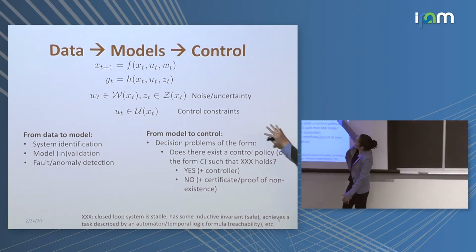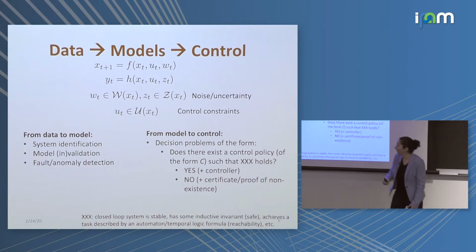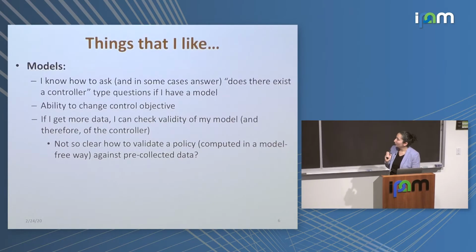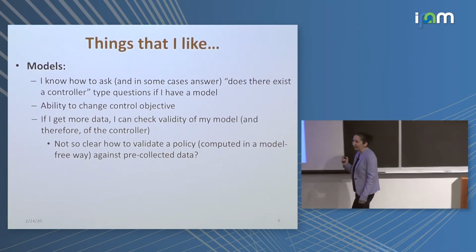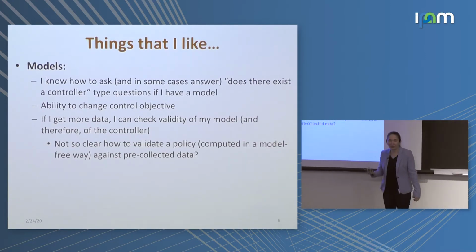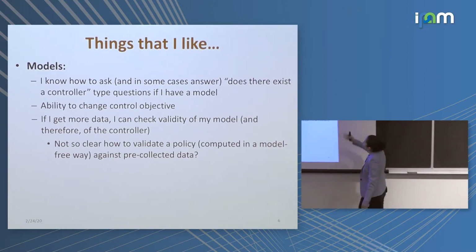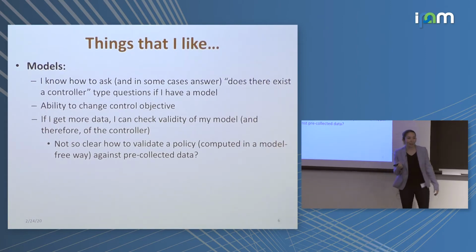So typically, I want to solve these types of constraint control problems. So I like models, and I think one useful thing about learning is you can get models, because I know how to ask these decision problems when I have a model.